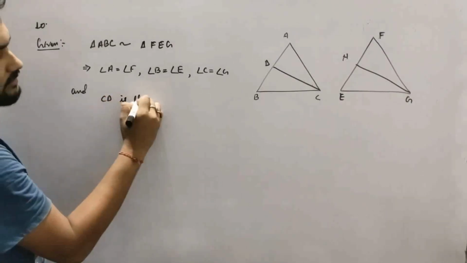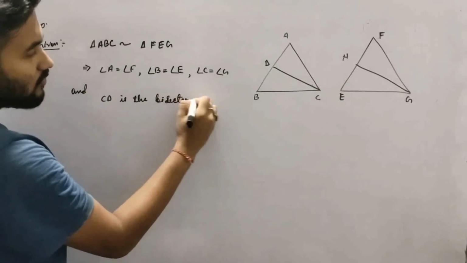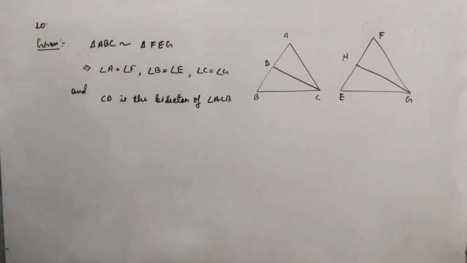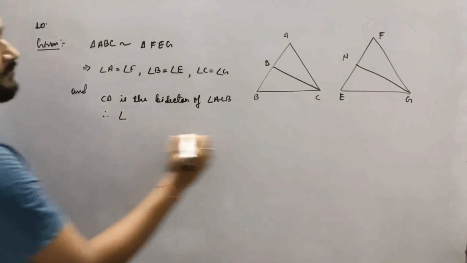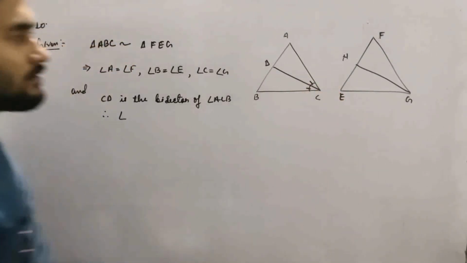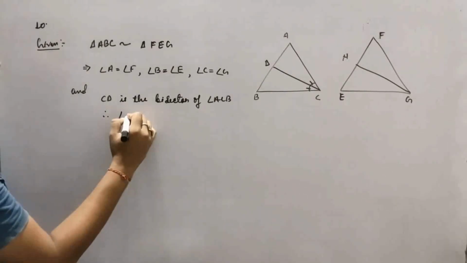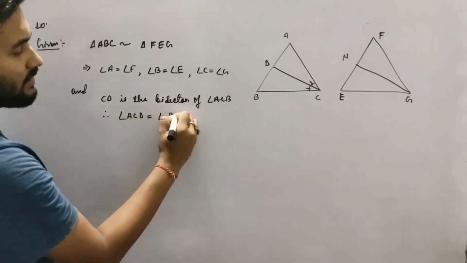CD is the bisector of angle ACB. So I can say, therefore, if CD is the bisector of this angle, so this angle will be equal to this angle, isn't it? So therefore, I can say that angle ACD will be equal to angle BCD.